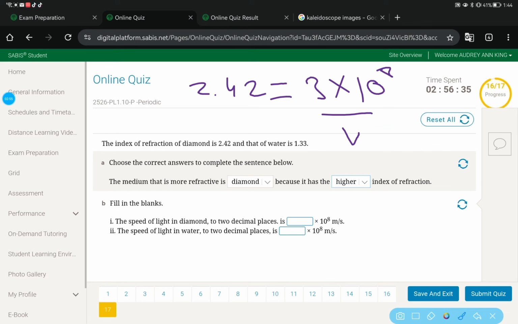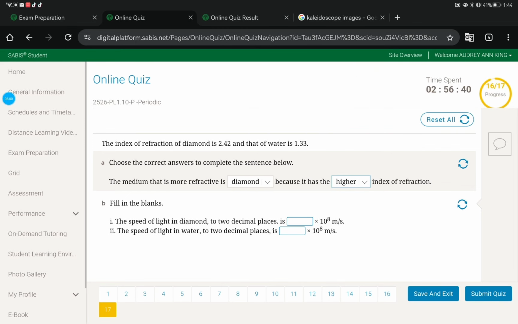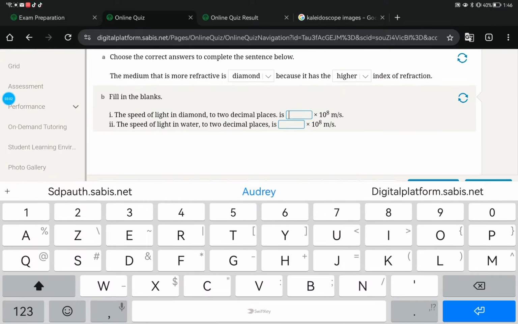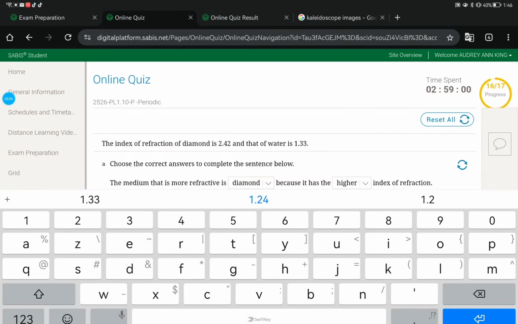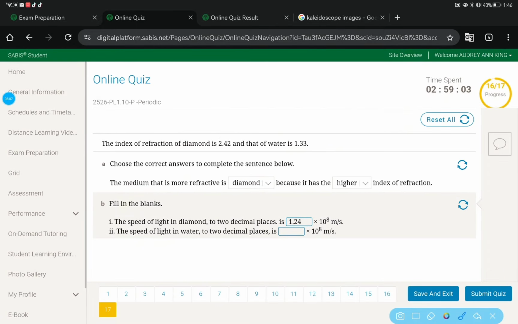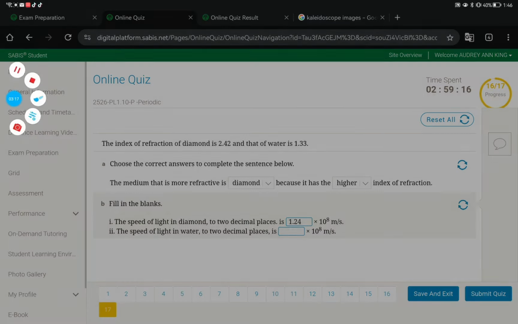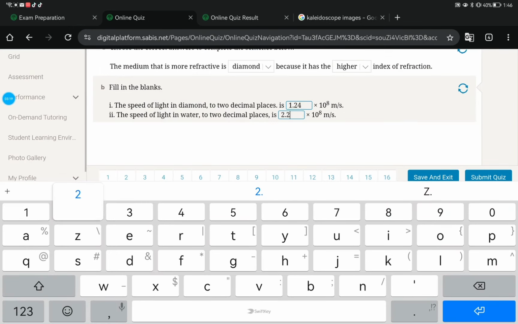So you should put that into your calculator and you should get 1.24, and you do the same thing for water. So 1.33 equals 3 times 10 to the power of 8 over v, and you should get 2.26.